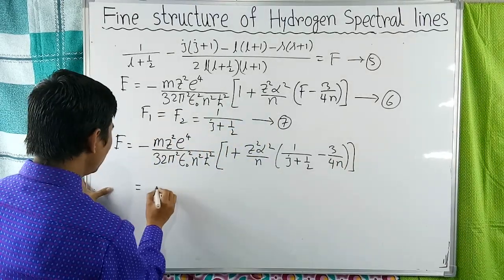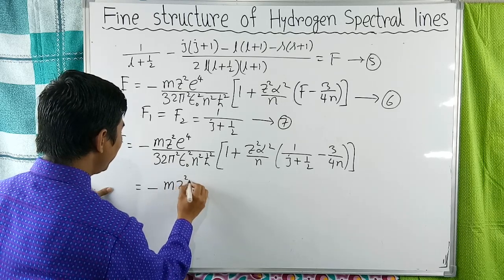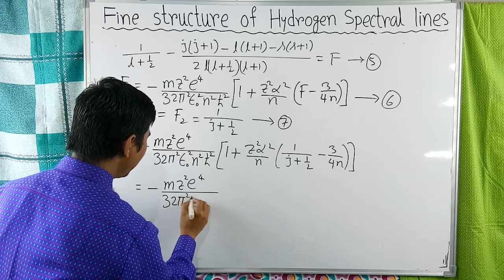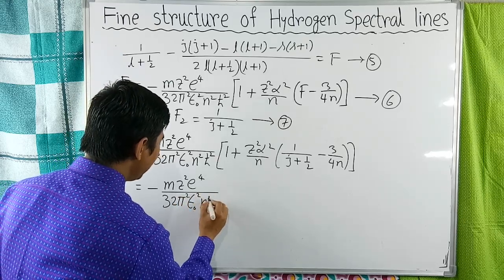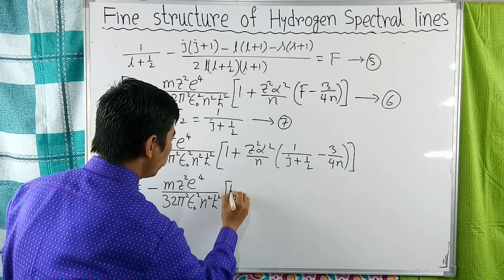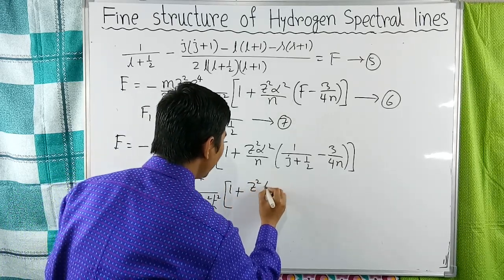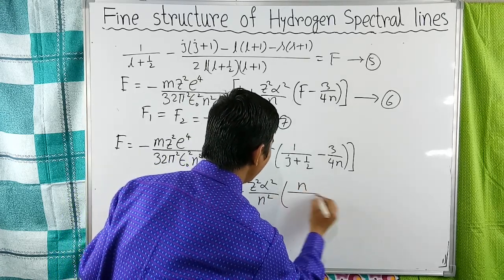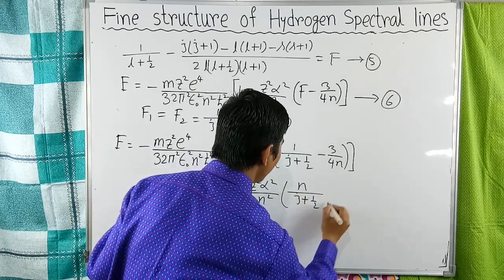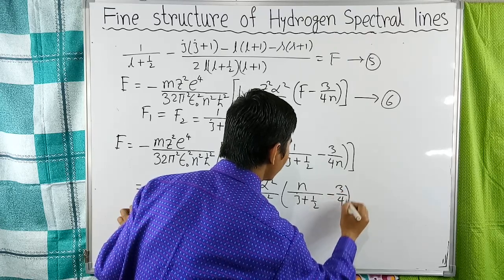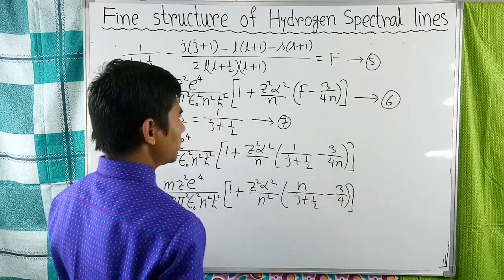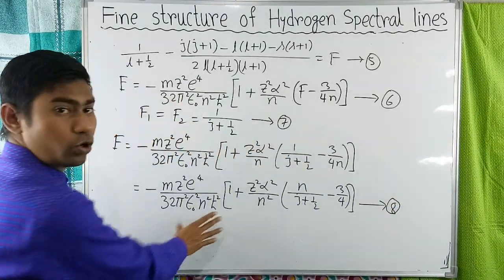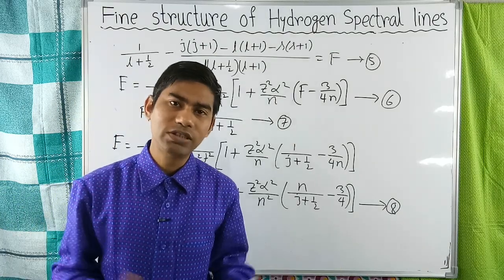This equals minus m z square e to the power 4 by 32 pi square epsilon 0 square n square h cut square into 1 plus z square alpha square by n square into n by j plus half minus 3 by 4. Suppose this is equation 8. So this is the total energy for the same two states.